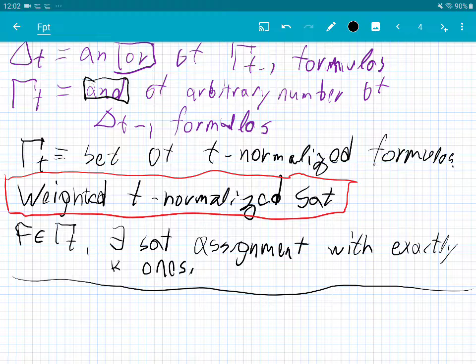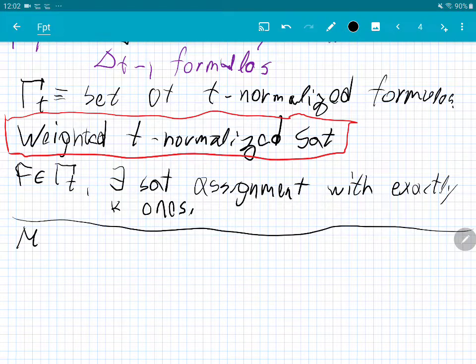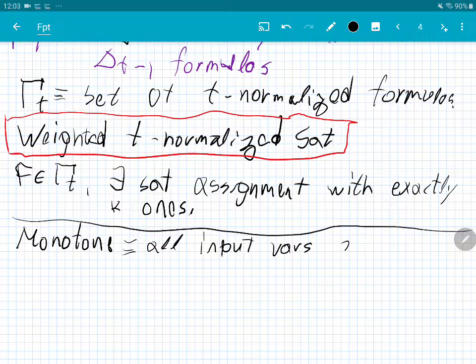Right. In particular, we're going to have this monotone version. In the monotone version, all the variables are positive, all input variables are positive. So the way to think about it, think about the 3-SAT formula where there are no negations, right?